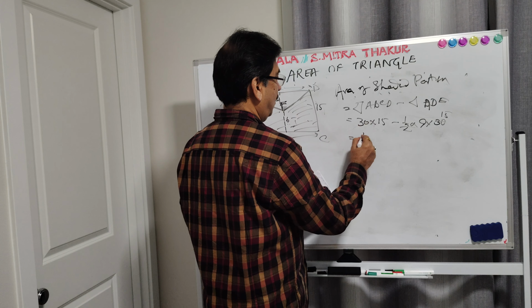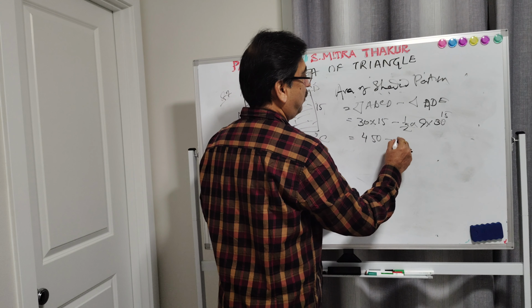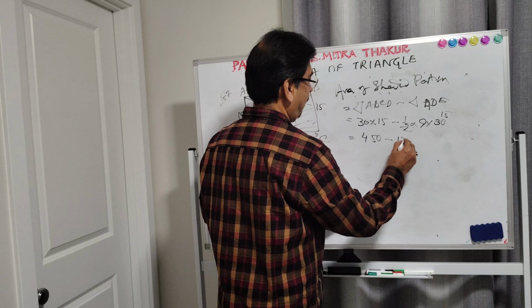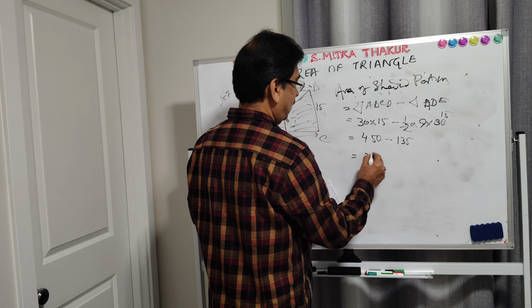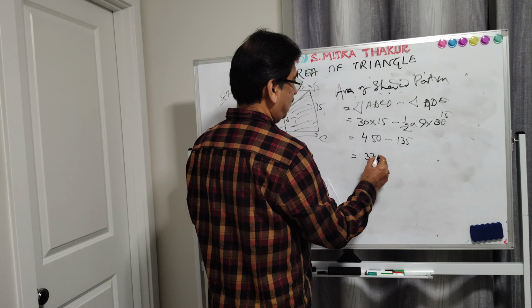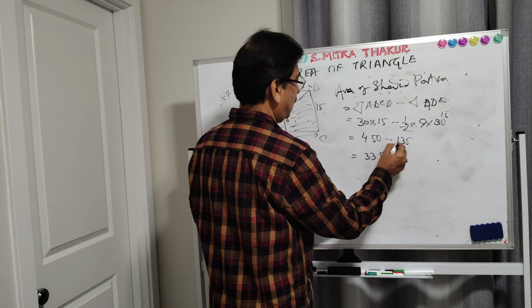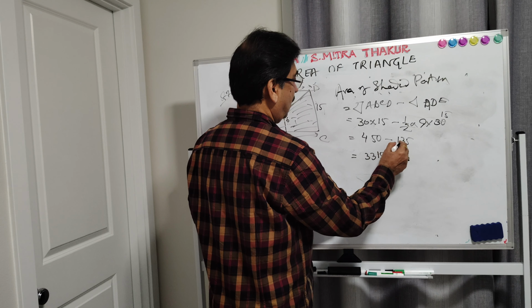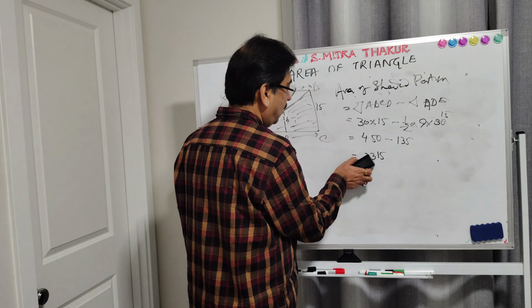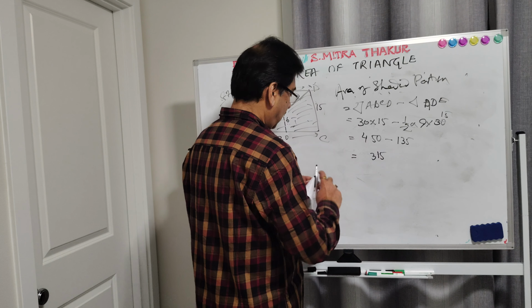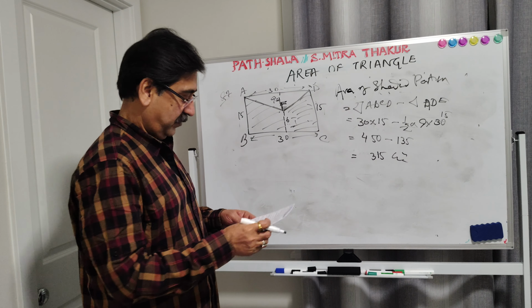That is 450 minus 135, which is 315. That will be 315 centimeter square, the shaded portion, right?